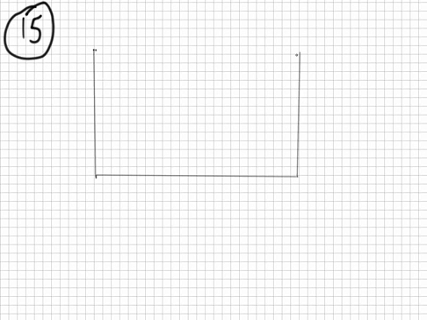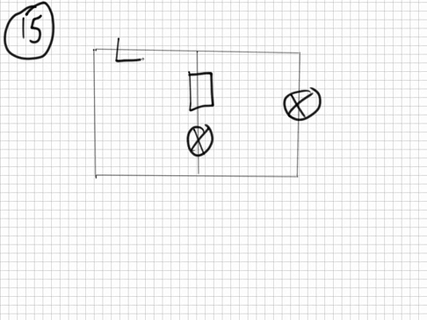I'm drawing the diagram. Okay, so you've got this circuit here. Now, in this circuit, these 2 are resistors, this is a battery, and these 2 are lamps.